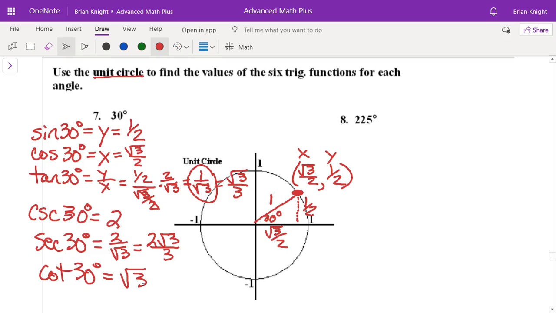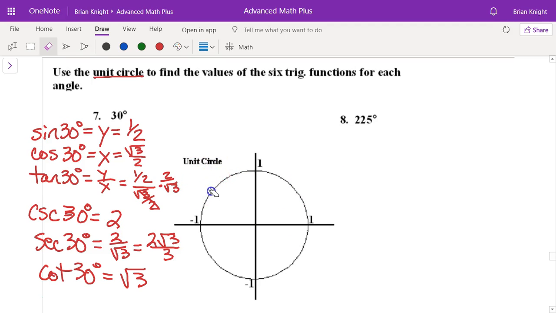Everybody good? Back to the math action. All right. Let me erase my triangle here so we can draw a new one. Also going to erase over here. All right. 225. What quadrant is 225 in? Third quadrant. About right there. Okay. What do you think we're going to get for 225?